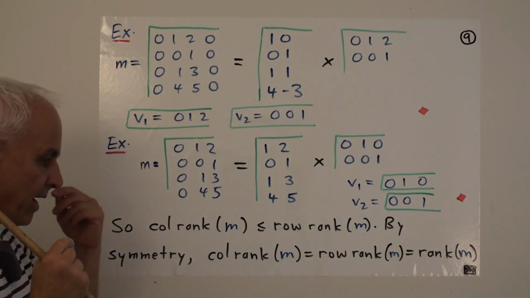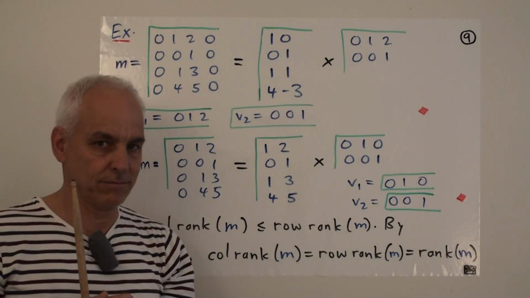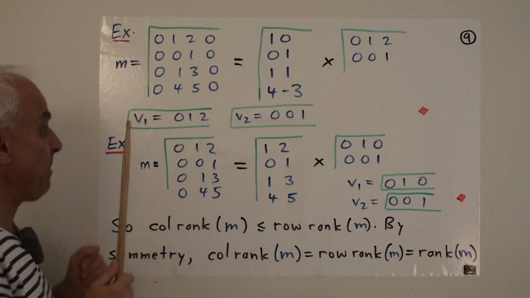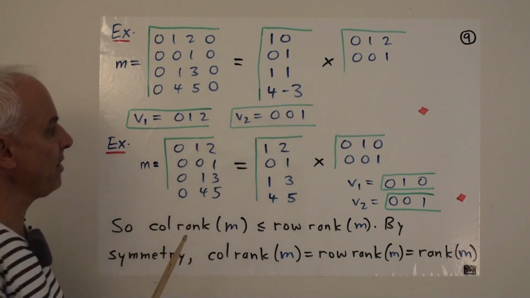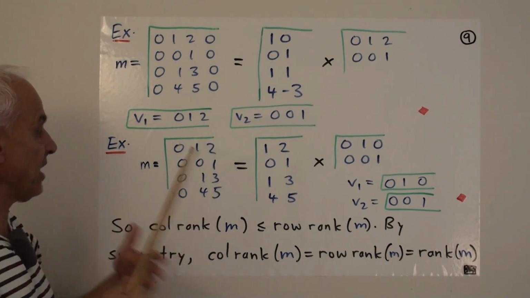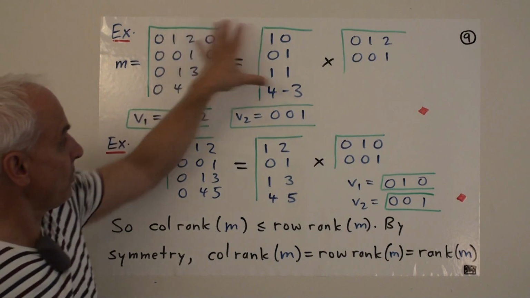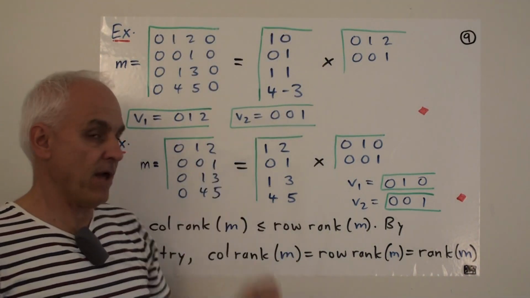Please make sure that you go through the multiplication and convince yourself of that. So in this case here, the spanning set are these vexils 0, 1, 2 and 0, 0, 1. Those are the vexils that we need to express all of these as linear combinations, and we've been able to create this factorization from knowing that.